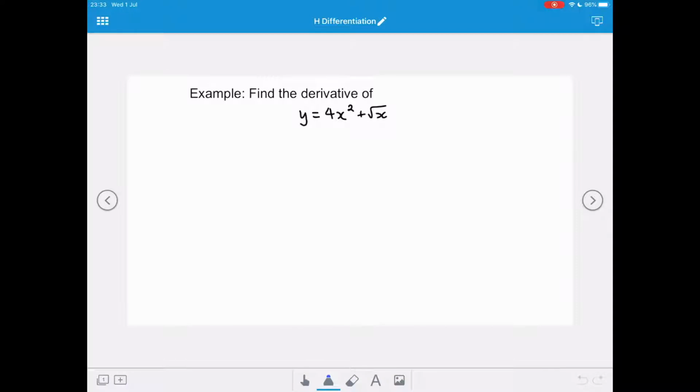So we're going to use Leibniz notation to find the derivative of y equals 4x squared plus the square root of x. So we need to put this in a differentiable format. So y equals 4x squared plus x to the power of a half.